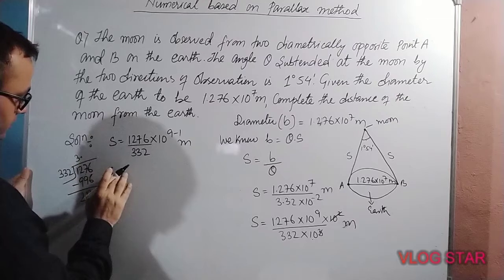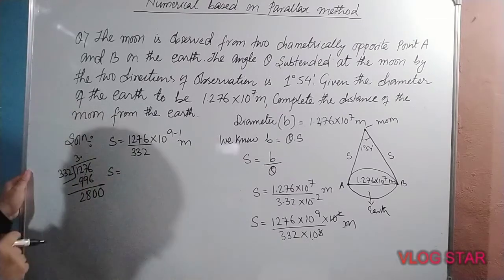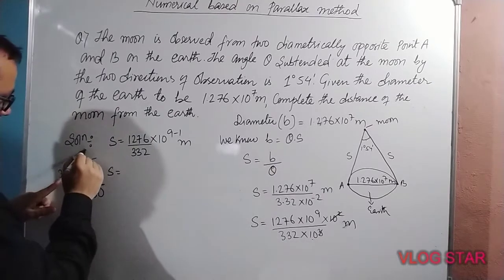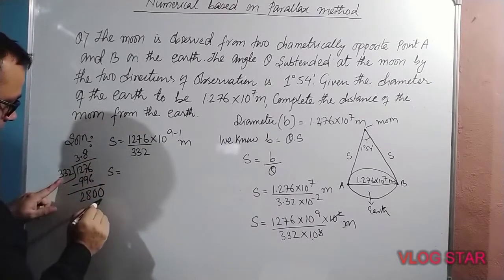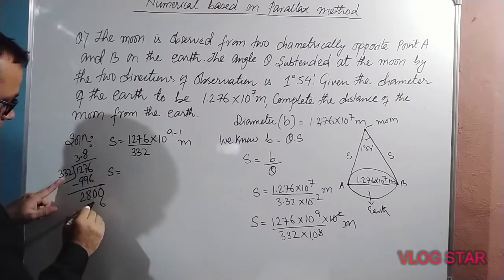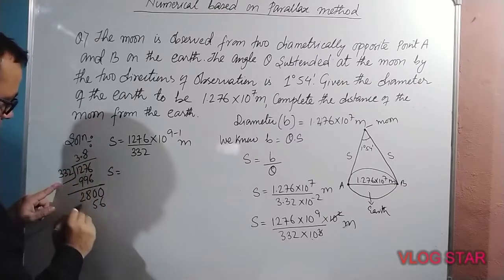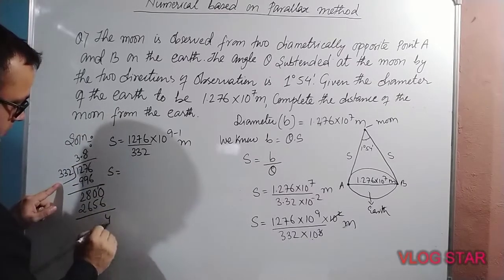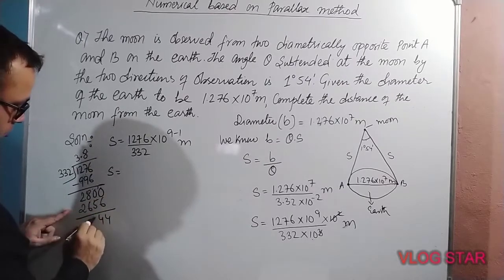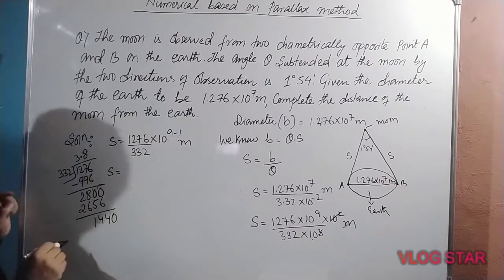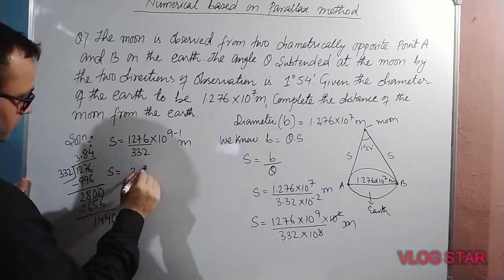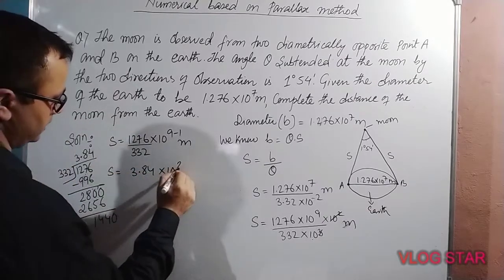Now put the point, 2800. We can give 8 times: 8 times 332 is 2656. Subtract, we get 144, and then 4 times. This equals 3.84 into 10 to the power 8 meter.